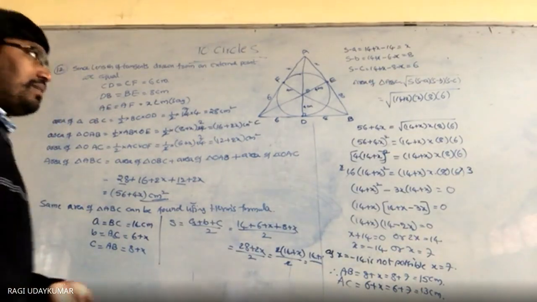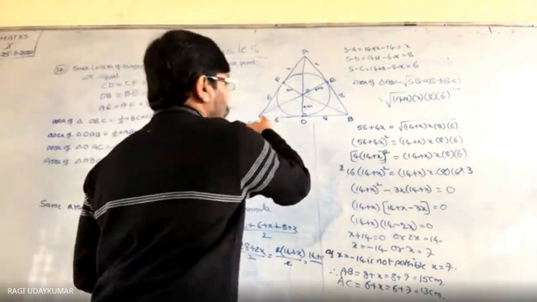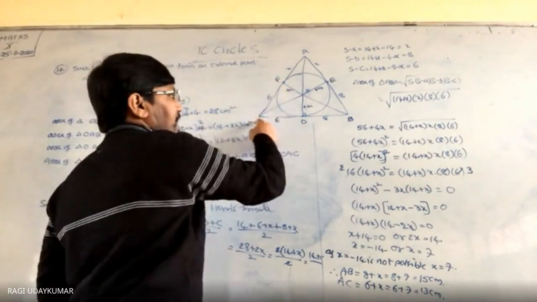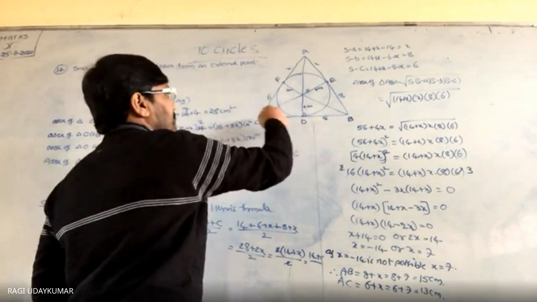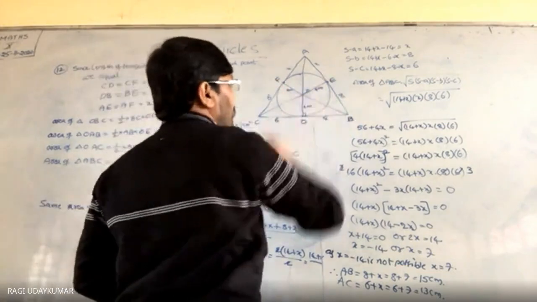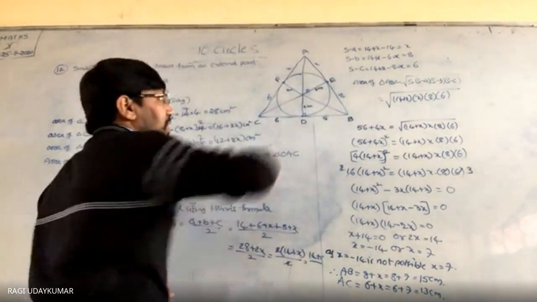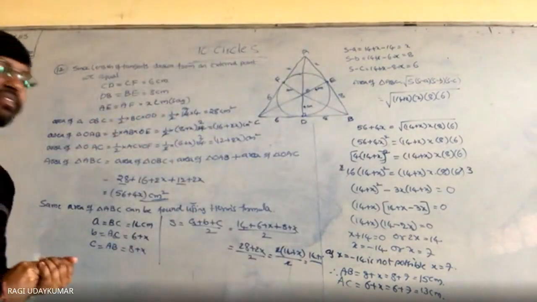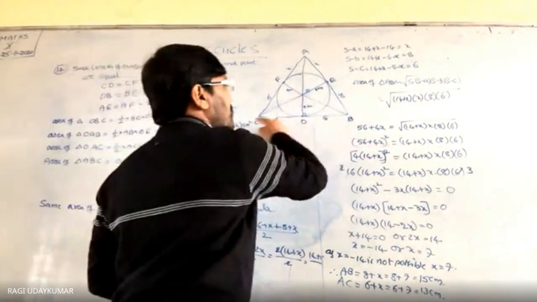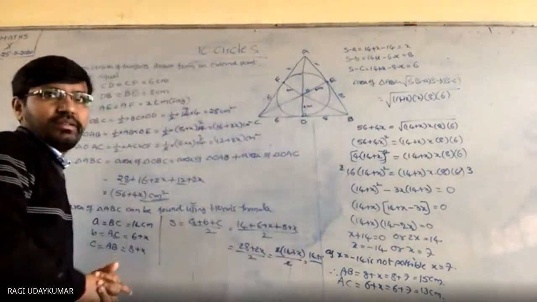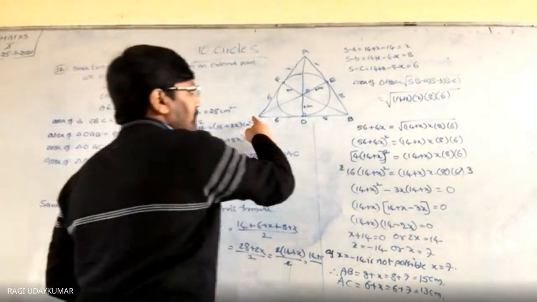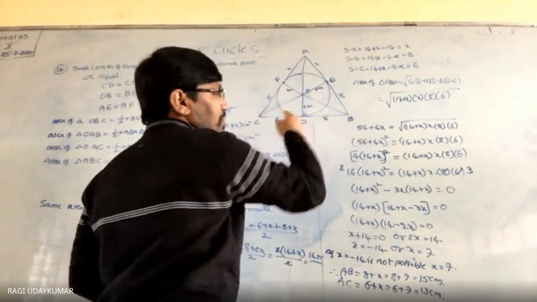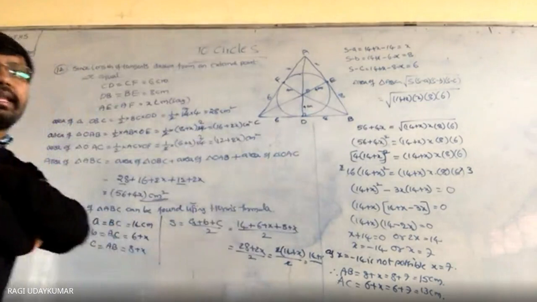First concept is the length of tangents drawn from an external point are equal. ये length equal है, ये CD equal to A6, ये 6 है, ये 6 है, ये 8 है. And this is x, this is x. Now the area of this triangle is half into base into height. Base is this one, height is this one, because it is a perpendicular line.